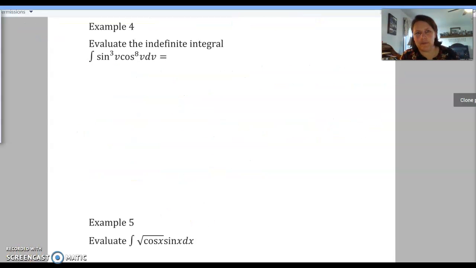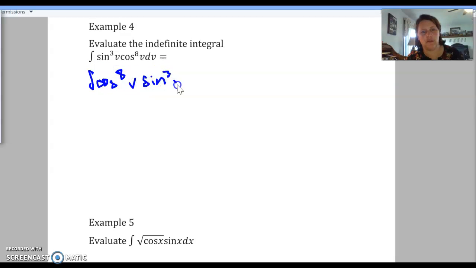Okay, on example number 4, they've kind of switched things up on us. So now the bigger exponent is second, which is with the cosine, and the smaller exponent is with the sine. So I'm going to switch these around and rewrite these, because I want my biggest exponent first. Okay, and now I've got an odd exponent here.